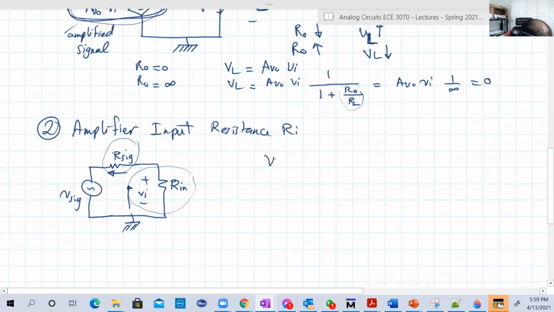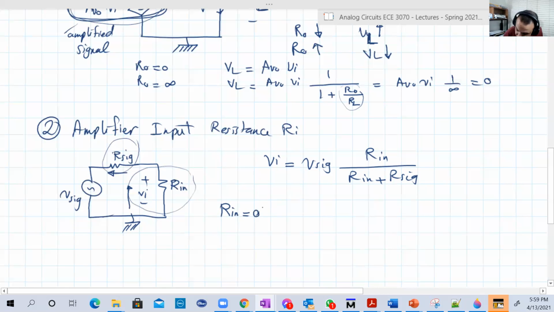So VI here, which we desire to be exactly equal to V signal, is V signal by voltage divider, R input over R input plus R signal. Now we're gonna ask ourselves the same question. Do we want our input to be high or low, small or big? Just try the two extremes. So R input equal to 0.